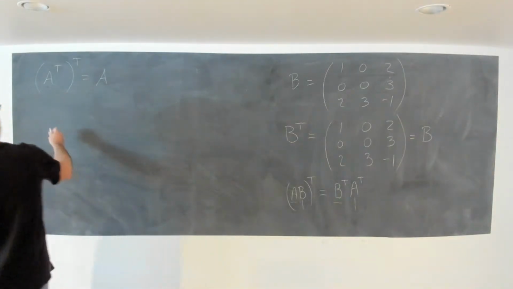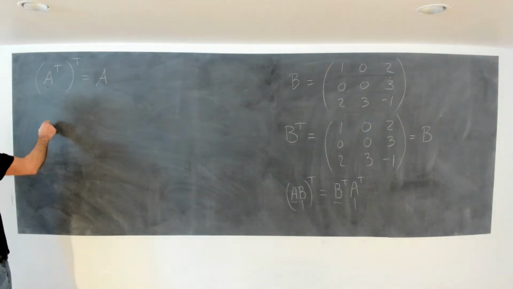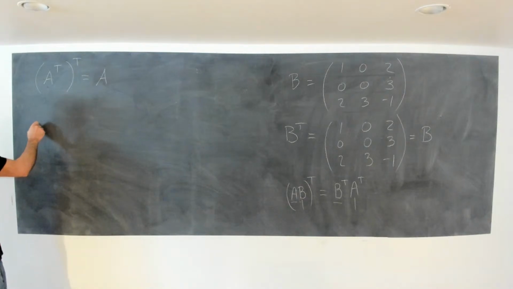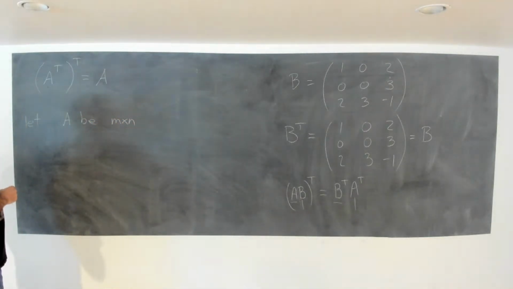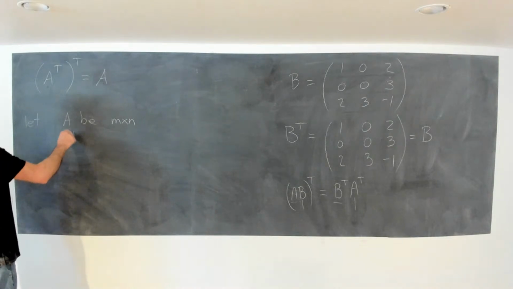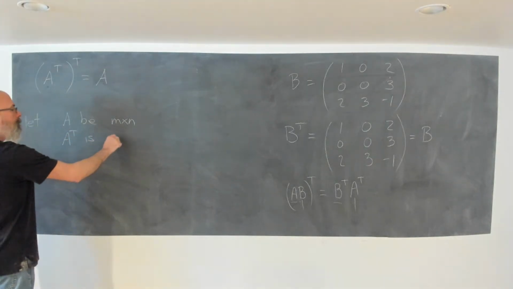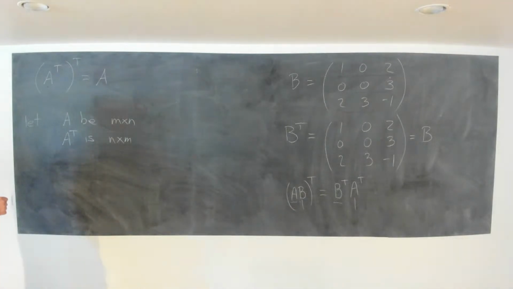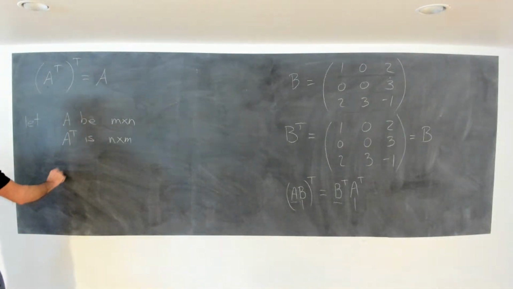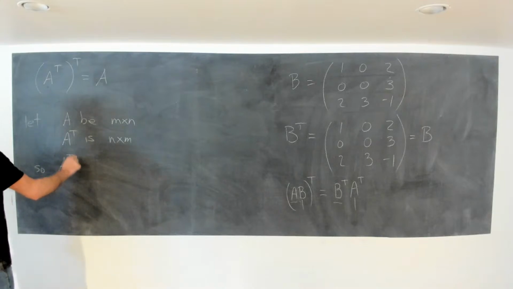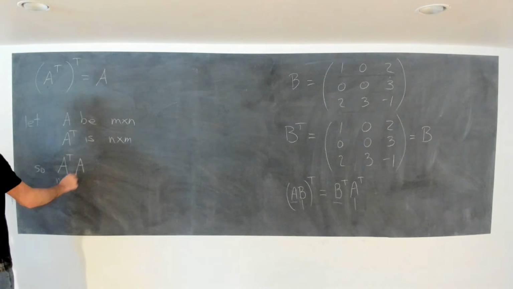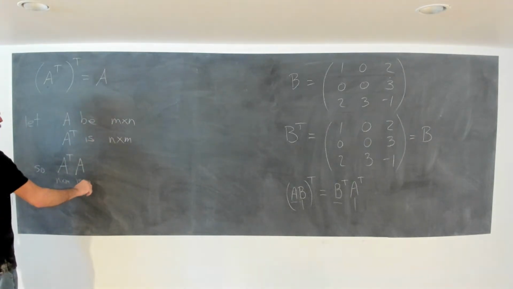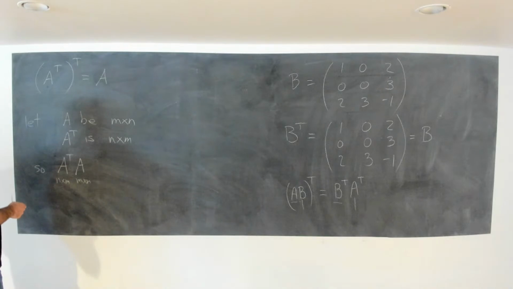And observe that if you take any matrix, let A be M by N, then A transpose is N by M. So the product A transpose times A is N by M times M by N, so this product is always defined.